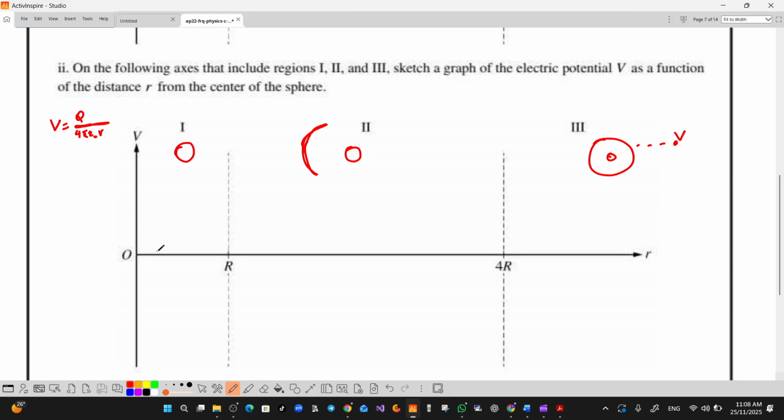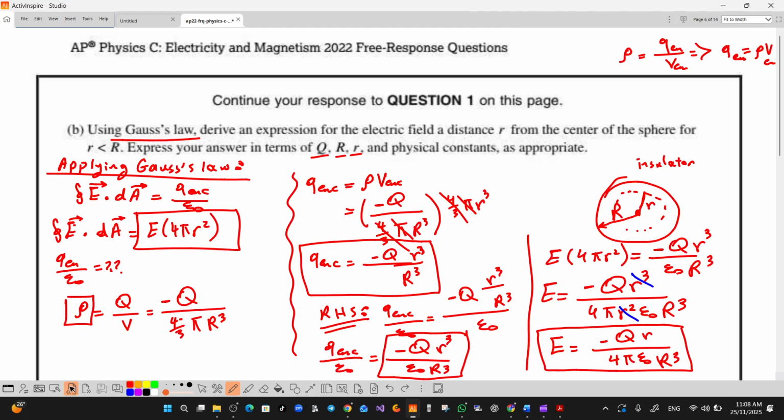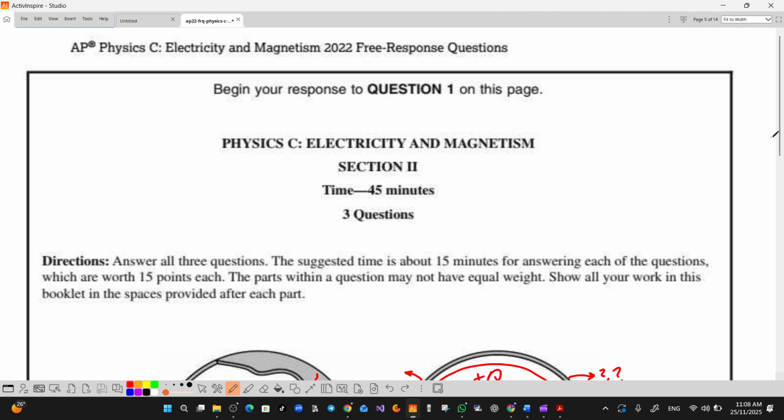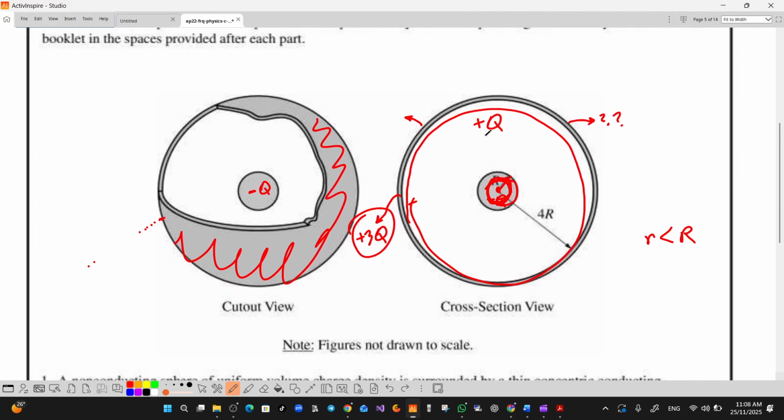Now this electric potential will start to be negative because the charge carried by the sphere is negative, and it will decrease as we keep moving away from the charge. Let me go back to the sketch. As we keep moving away from the charge, we are getting closer to the positive shell, right?